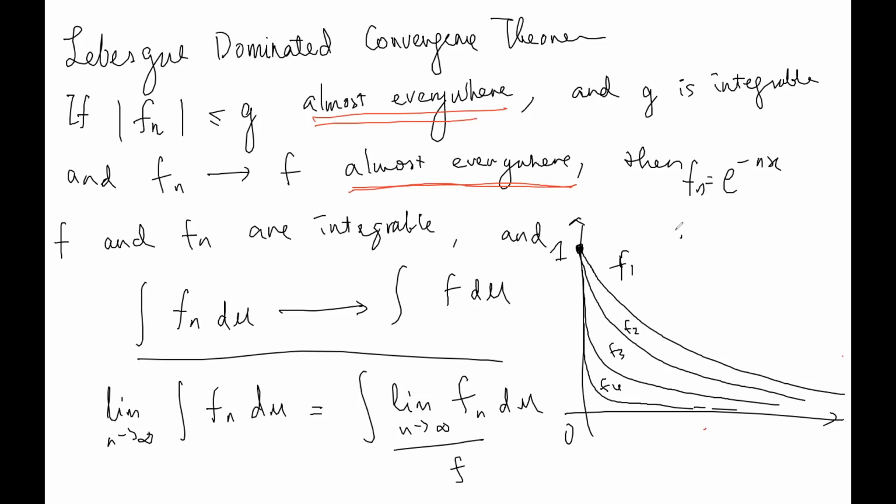So in the limit, your Fn is going to converge to 0 almost everywhere, because in the limit, all of this will become 0 except at this point.